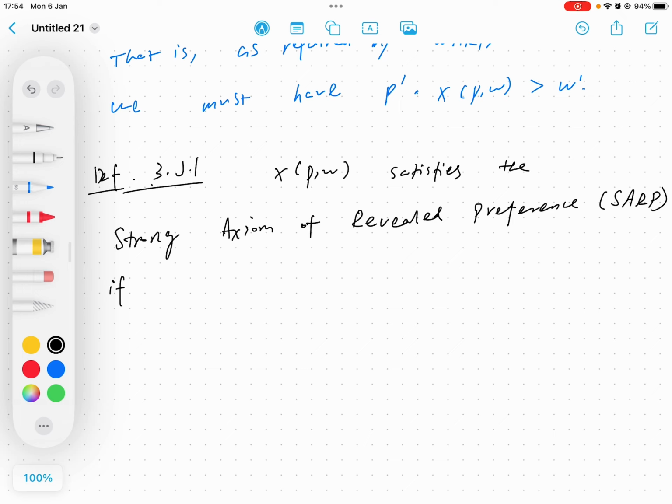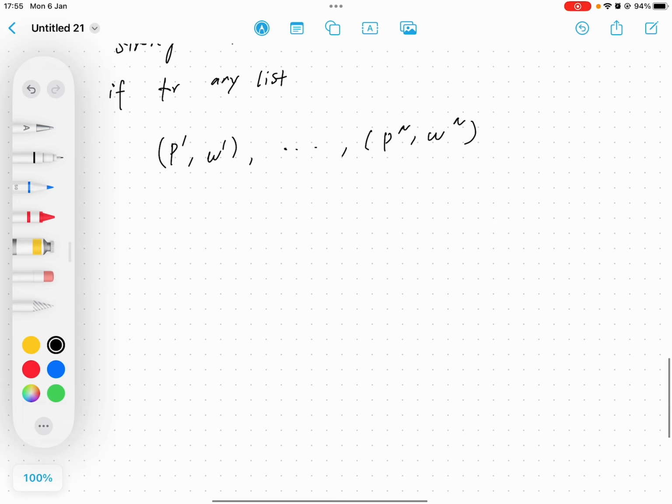Now we do not only have two entries of those parameters, price and budget. Now we're going to have a full list of them. For any list (p1, w1), (p2, w2), and so on, up to (pN, wN), we have some requirements on this list.